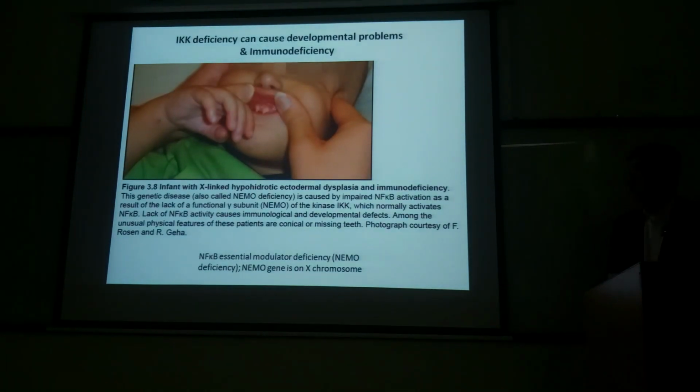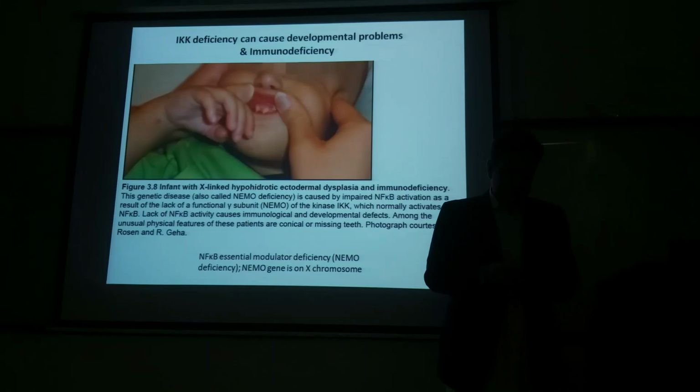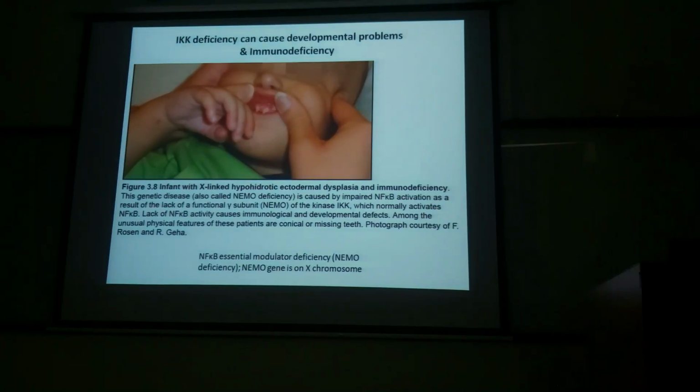So this is a genetic deficiency of IKK. IKK deficiency can cause developmental problems as well as immunodeficiency. For instance, this figure shows you this kid with a conical structure of the teeth.